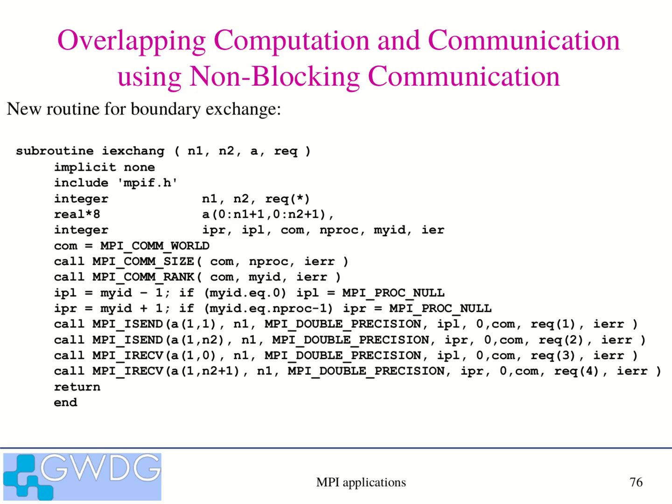For every one of these sends and receives, I use a different request handle, of course. And then I do the I-send for the left and the right boundary, and receive from the right and from the left neighbor. And this would then replace the Randaustausch program in the original program for the Wärmeleitung.